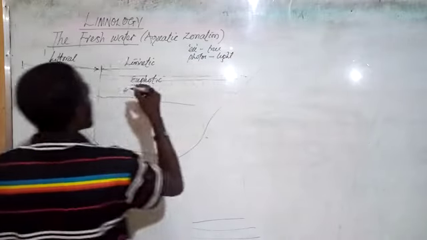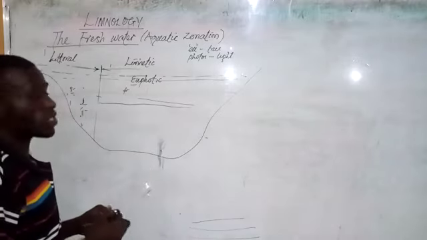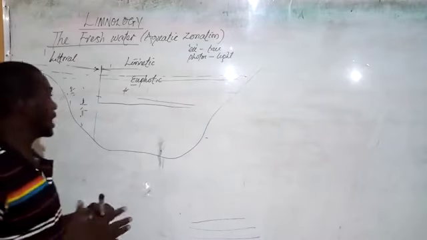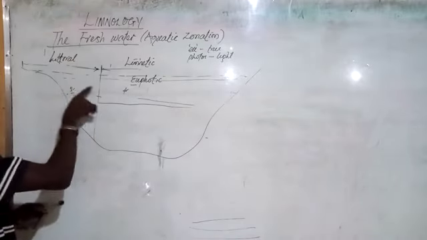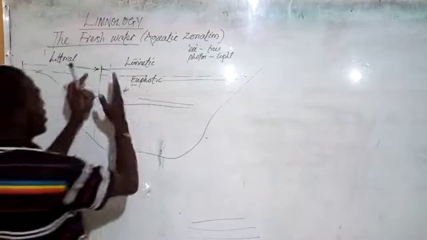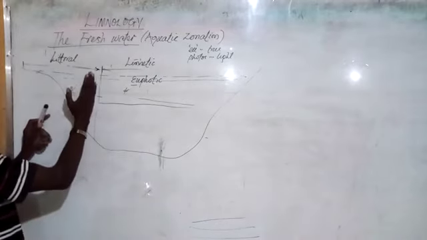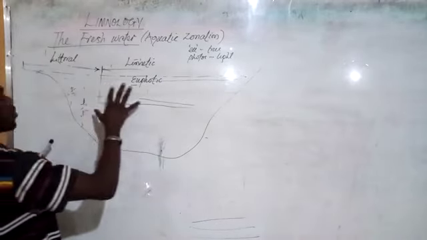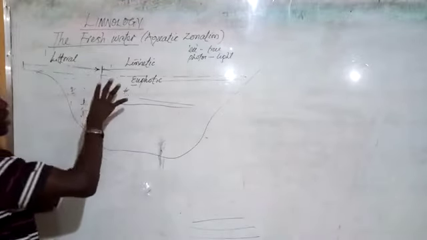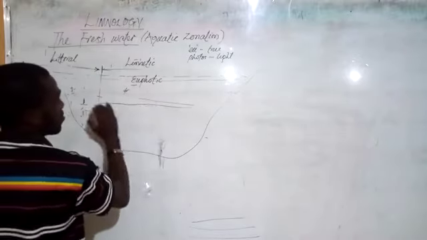So it means that this region is well lit and experiences an abundant amount of sunlight. It doesn't mean that this region too doesn't experience sunlight, but I'm talking about the open water now. This is the littoral zone that is close to the land. So we consider all of these areas also euphotic, but from the open waters, the euphotic zone is around this region.